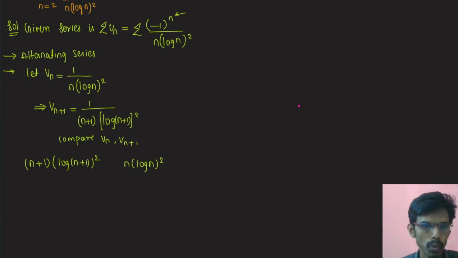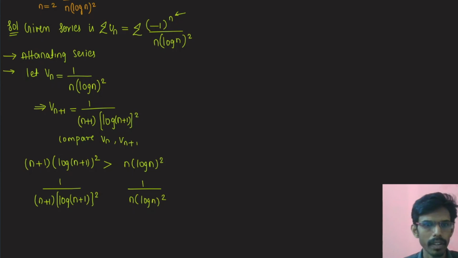Comparing these two, the denominator of Vn plus 1 is greater. If we take the reciprocal, the greater sign will become less, that is Vn plus 1 is less than Vn.